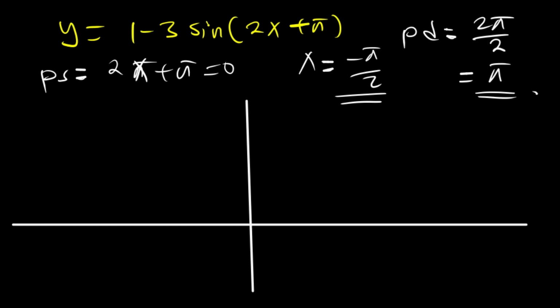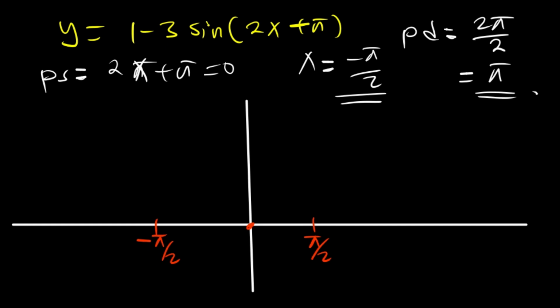The graph has to start from negative pi over 2. I keep on adding this. So what is negative pi over 2 plus pi over 2? It is 0. The next point will be here. Then 0 plus pi over 2 is going to be pi over 2. What will be the next point?